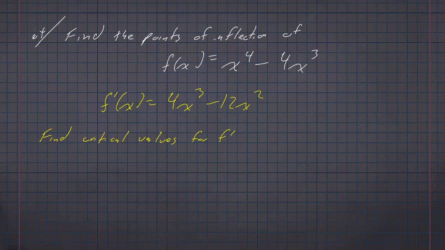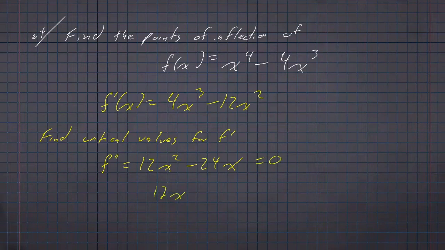Next, we want to find critical values for f prime. Taking the derivative of f prime gives us f double prime, which is going to be 12x squared minus 24x. And we set that equal to 0.